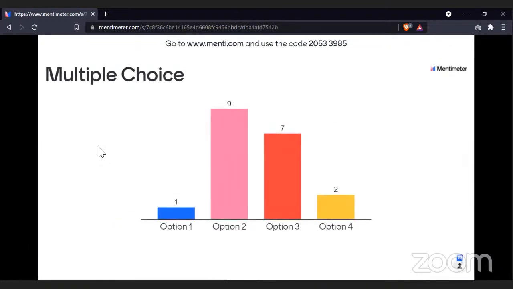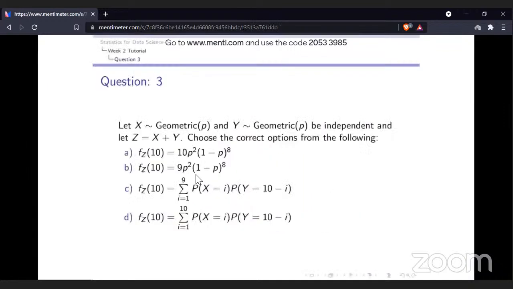Can somebody explain, who have marked option 4 as the answer? Or anybody else who wants to explain this problem? Shall I, ma'am?